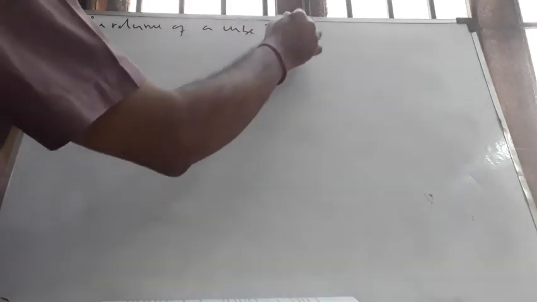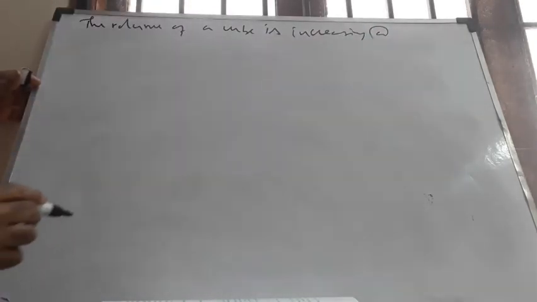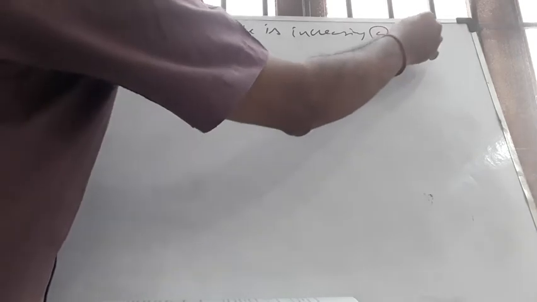The volume of a cube is increasing at the rate of 8 centimeter cube per second.